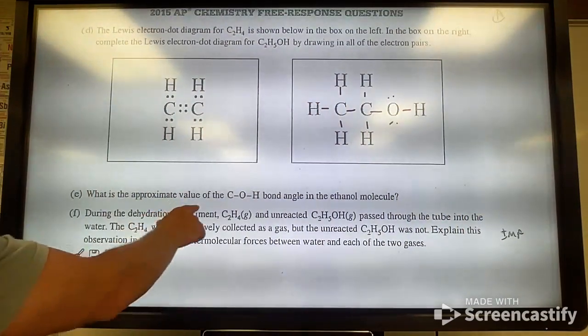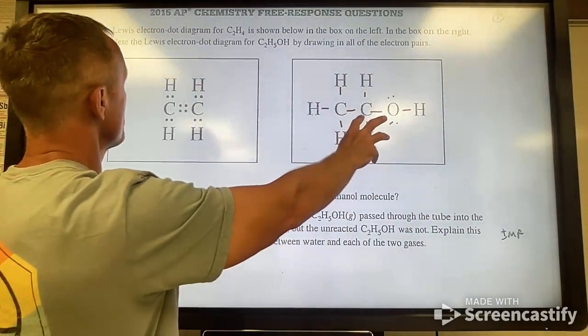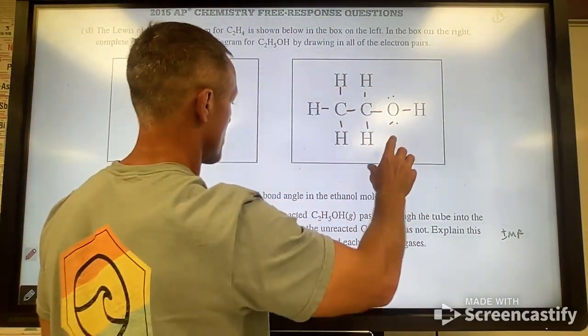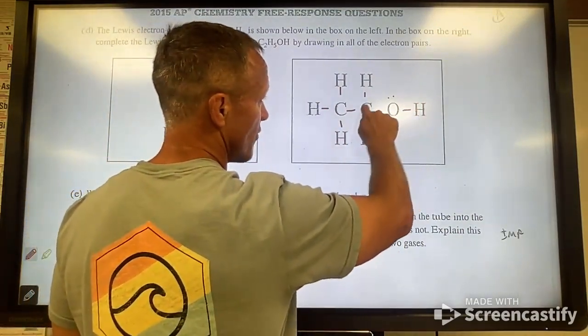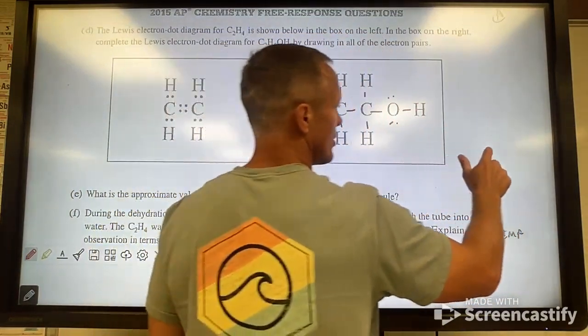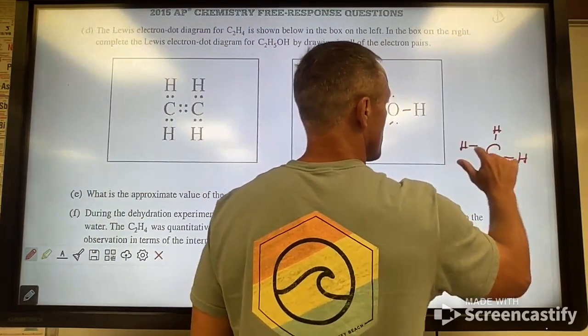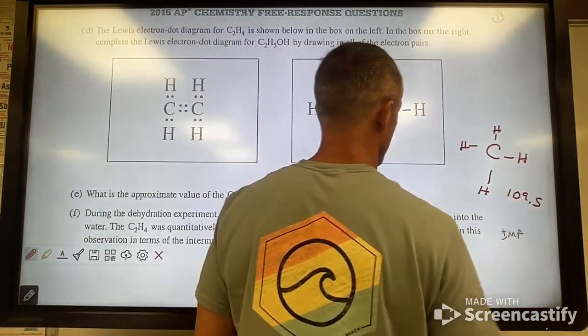What's the approximate value of the carbon oxygen hydrogen bond angle in the ethanol molecule? This is the ethanol one. So what's the angle of this? Well, it'd be very similar to water. Remember, if you have 4 bonds, tetrahedral shape, the bond angle is 109.5 degrees.